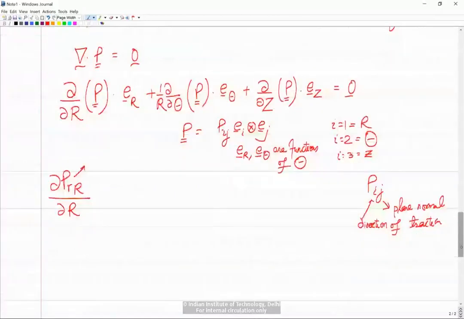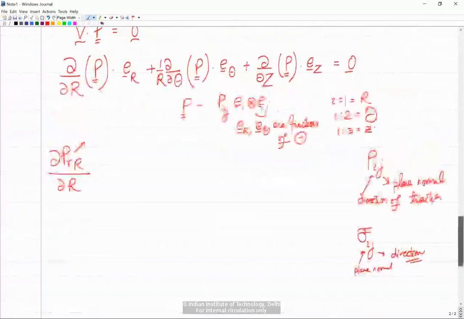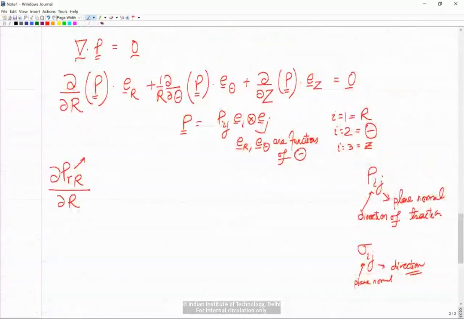Do you recall in your UG sigma_ij, we used to say i is the plane normal and j is the direction. But in nonlinear elasticity for P or for other ones also, the indices have different meaning. The first one is for direction and second one is for plane normal.